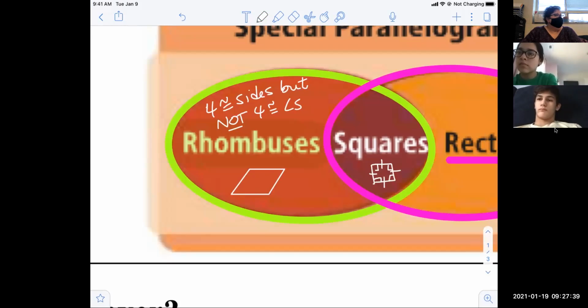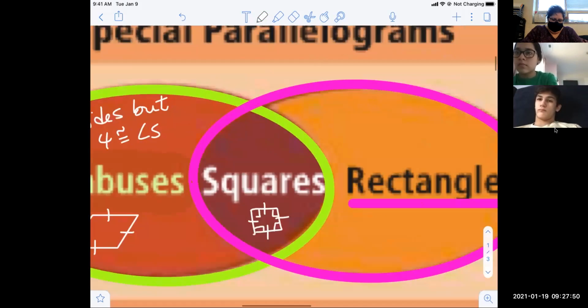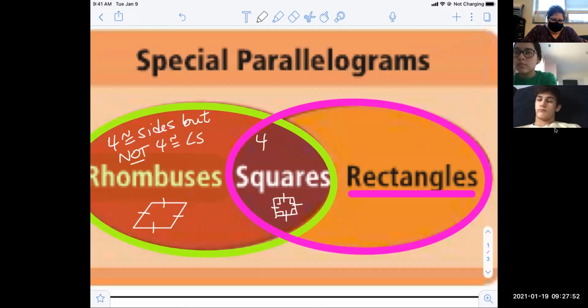If they also have 4 congruent angles, then they're a square and they're not out here. Okay, these guys will have 4 congruent sides, but will not have right angles. Squares have 4 congruent sides and 4 right angles, 4 congruent angles.